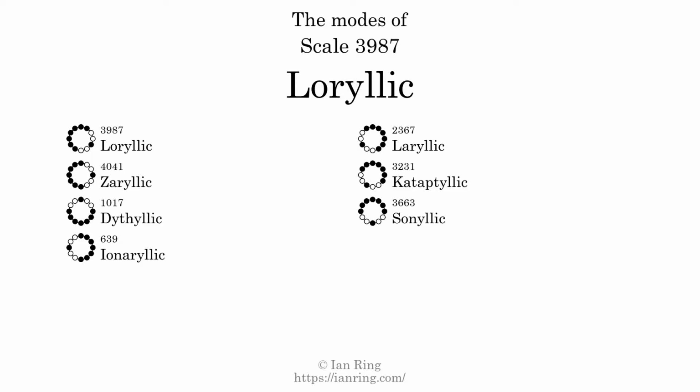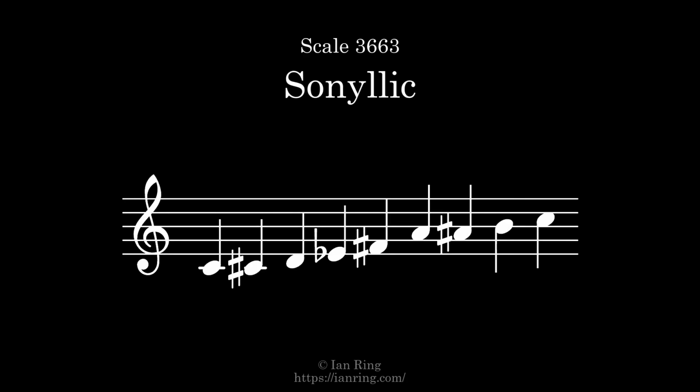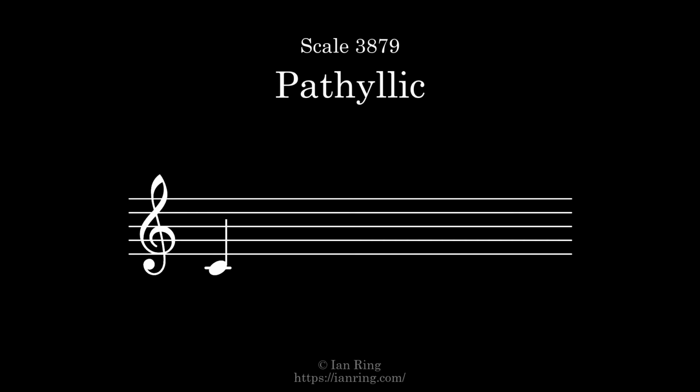The seventh mode is scale 3663, also known as senilic. It sounds like this. The eighth and last mode is scale 3879, also known as pathilic. It sounds like this.